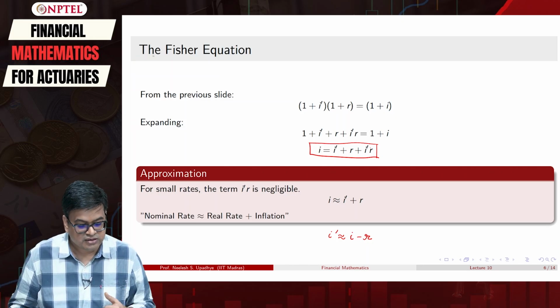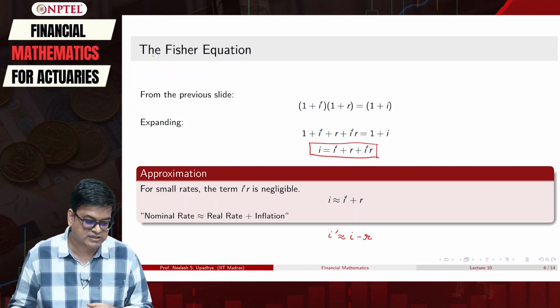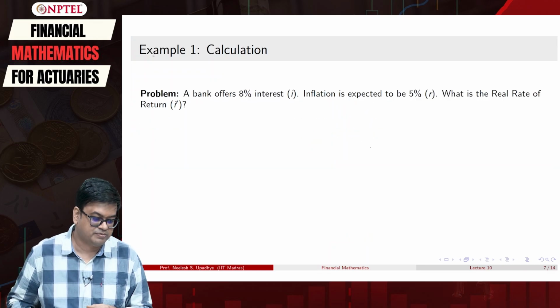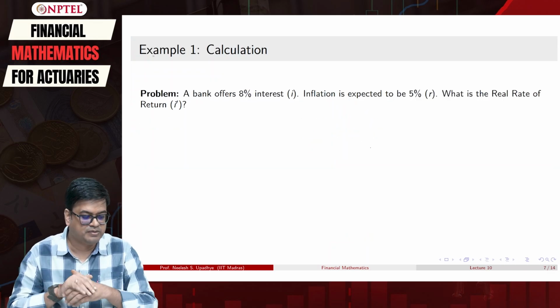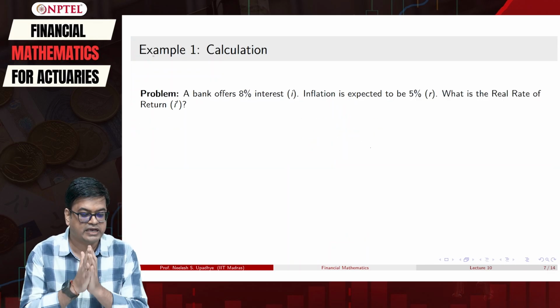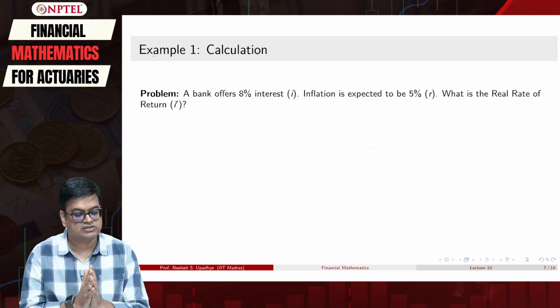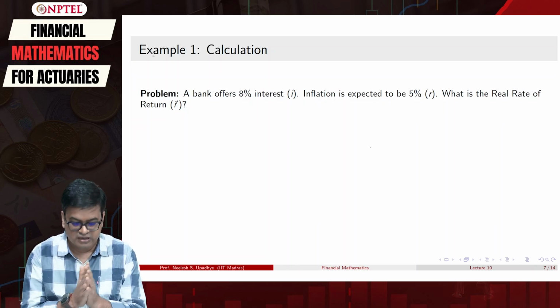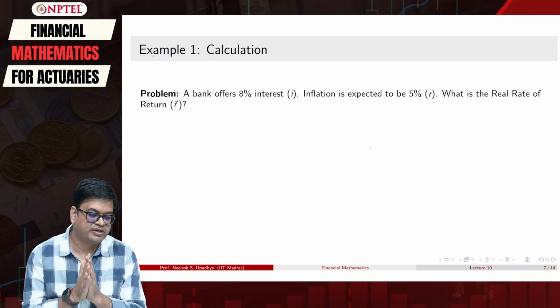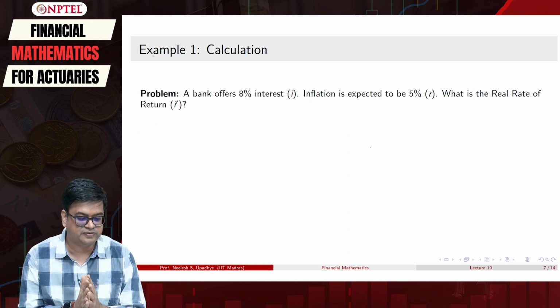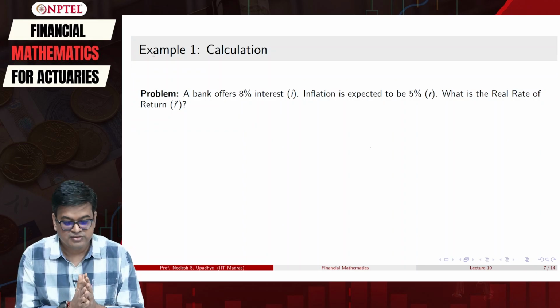Okay, so let us use this Fisher equation and try to solve one problem. Here is a problem: a bank offers 8% interest. I am not worried about how it is compounded; I assume that this is an effective interest rate, 8% interest I. Inflation, which will be annual, is fixed at 5%.